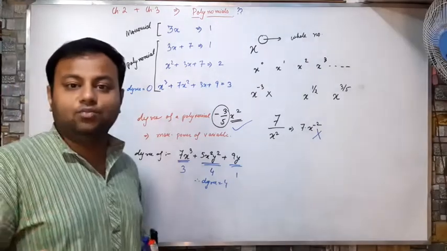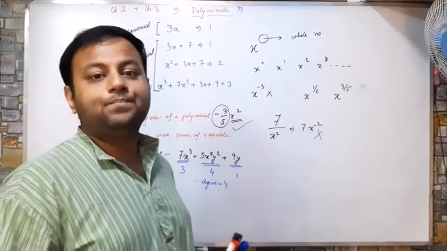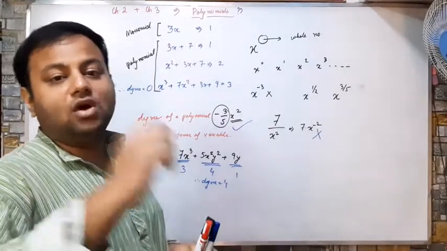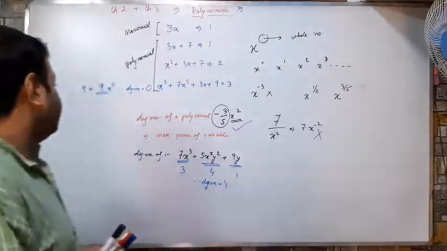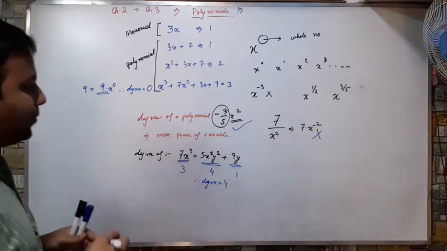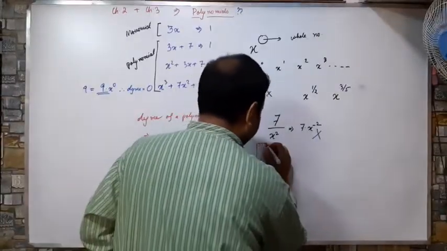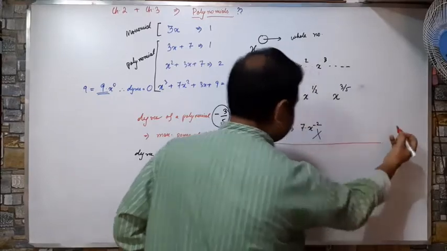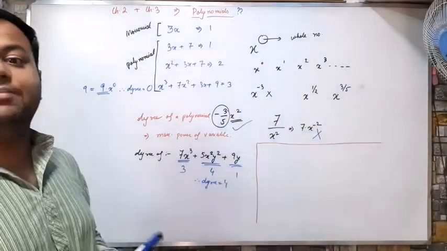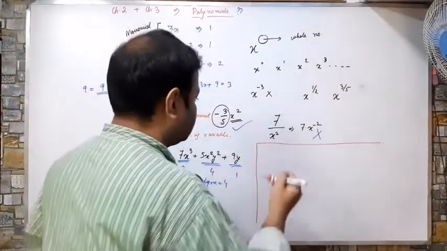Now we are going to move on to how to put the value of a variable in a polynomial. Okay, suppose you are given a polynomial like this. A polynomial can be named as f(x).